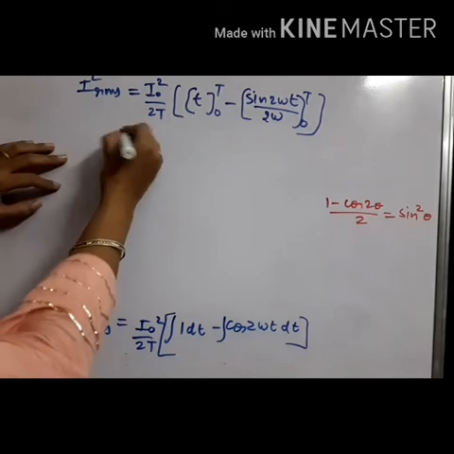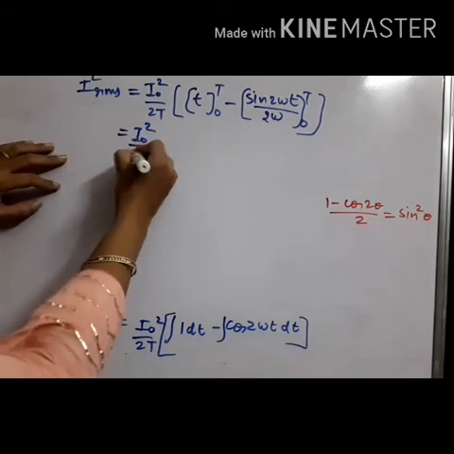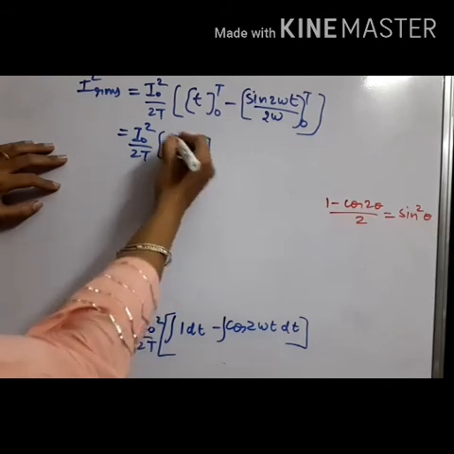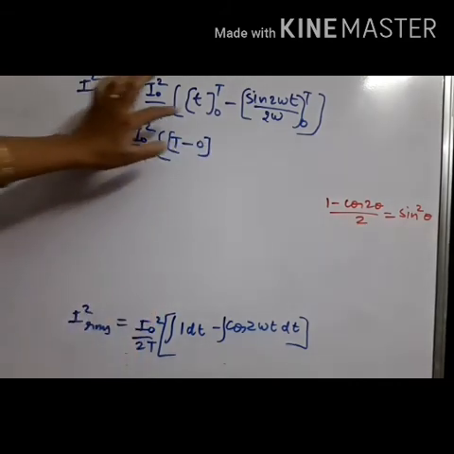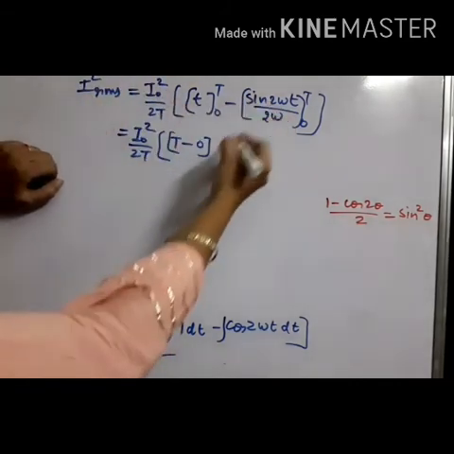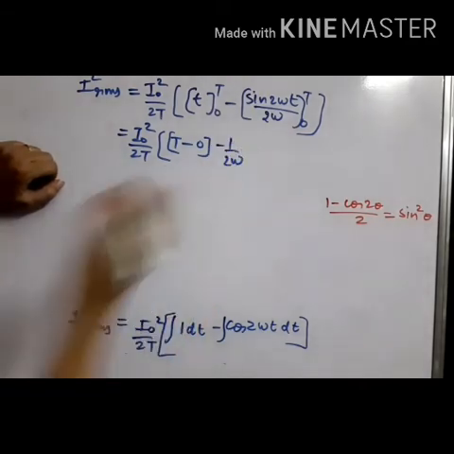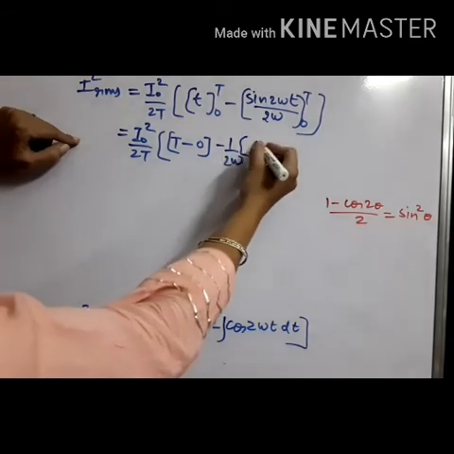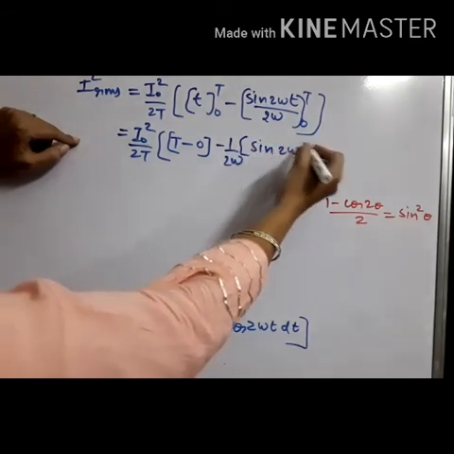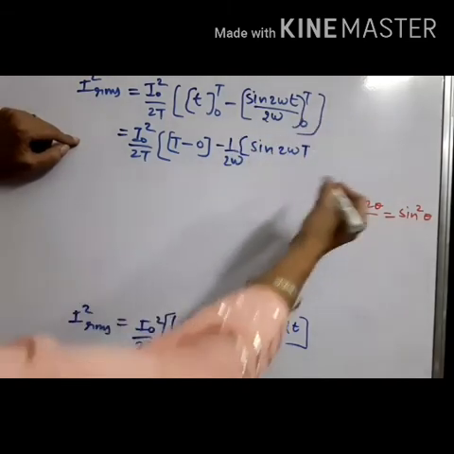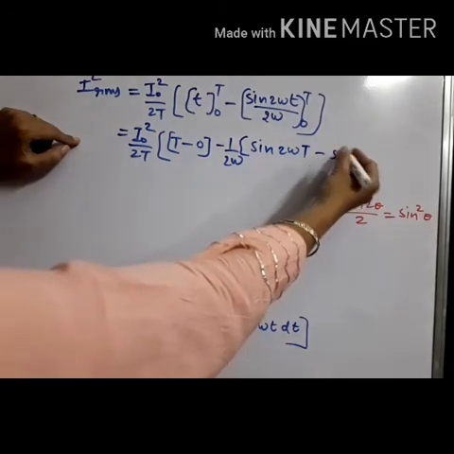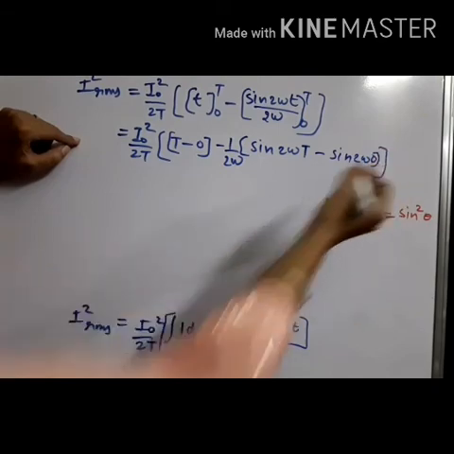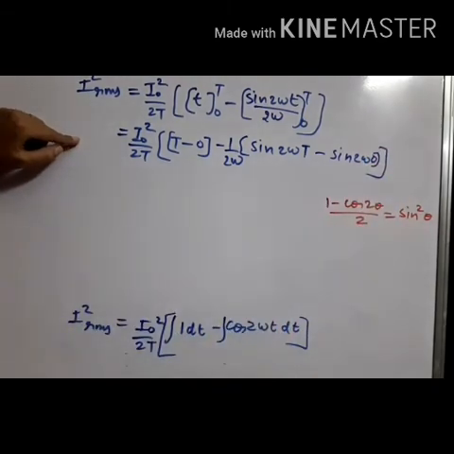Now let us apply the limits. Here upper limit T minus lower limit 0. We have substituted capital T in place of small t. Here 2 omega I am taking out. Sine 2 omega T, so sine 2 omega, firstly capital T, and then this way.